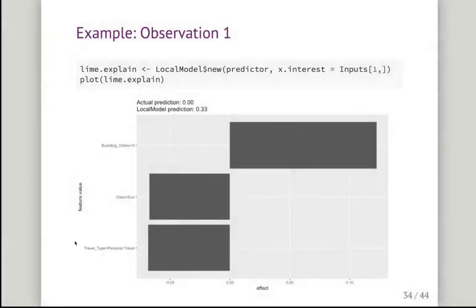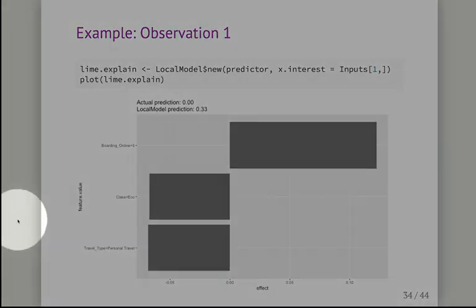So for observation 1, just looking at the first row of the prediction, our actual prediction using the complex machine learning model is a satisfaction probability of 0. So we're predicting that this individual will not be satisfied with their flight experience. The local model's prediction is 0.33.